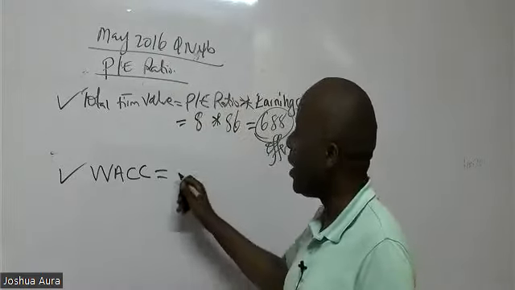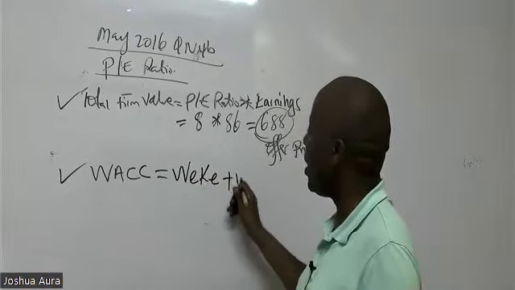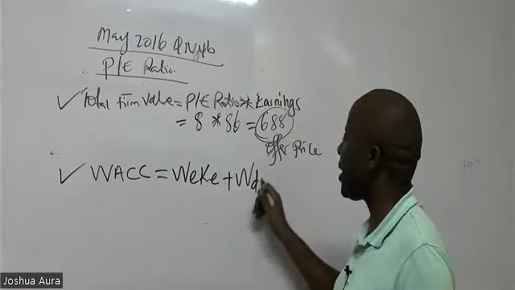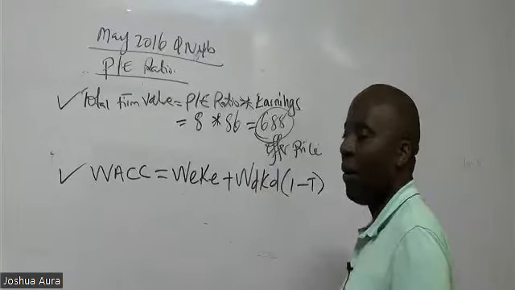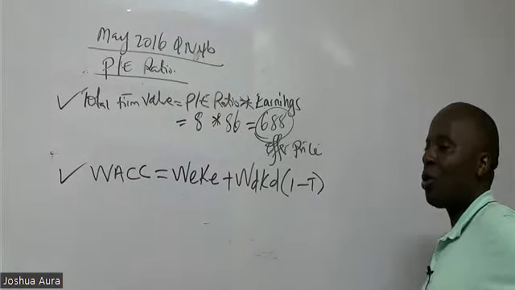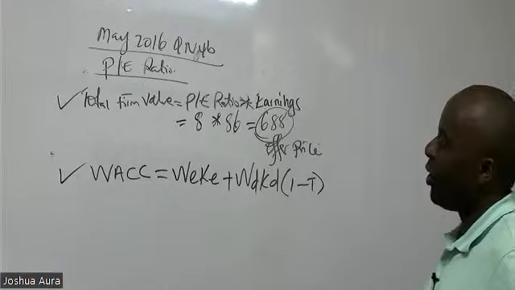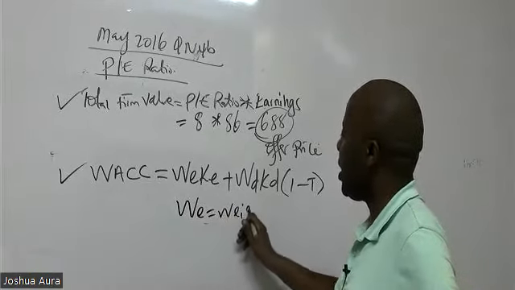So on this WACC, we normally take weight of equity times cost of equity, plus weight of debt times cost of debt. But remember that cost of debt is tax allowable, so for cost of debt, you must always subtract tax. WE is the weight of equity.